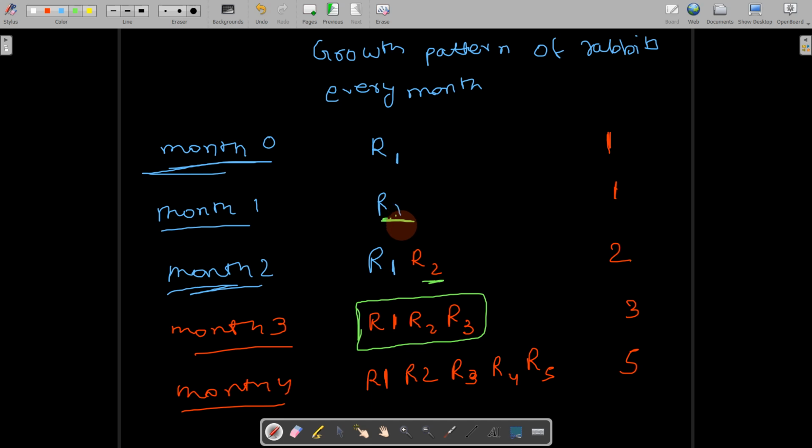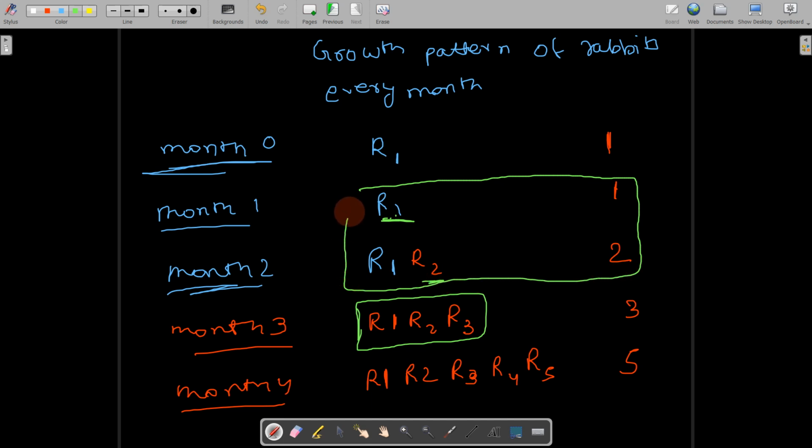And the number of couples of rabbits who were present just 1 month before will not be reproducing, so they will be added only once. So if we add the number of couples present 1 month before and 2 months before this month, you get the actual number of rabbits that will be present at month 3.